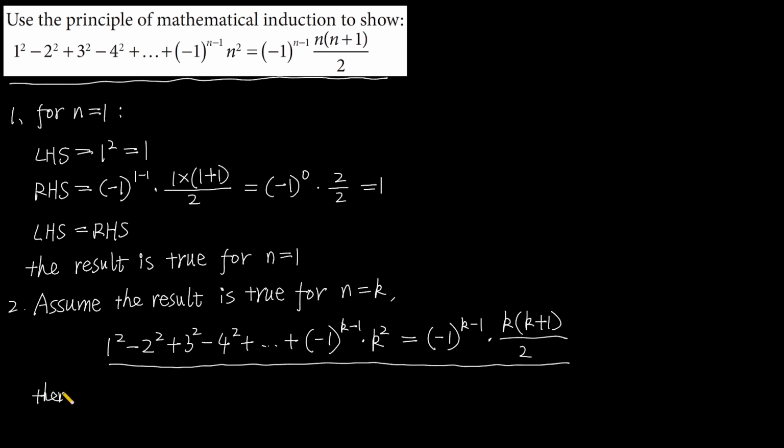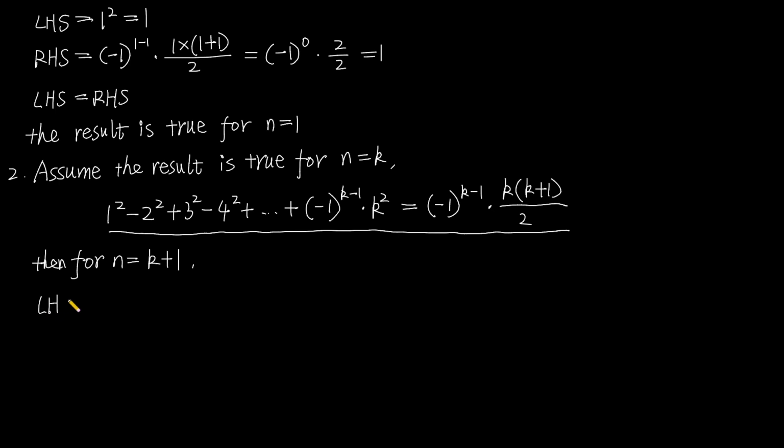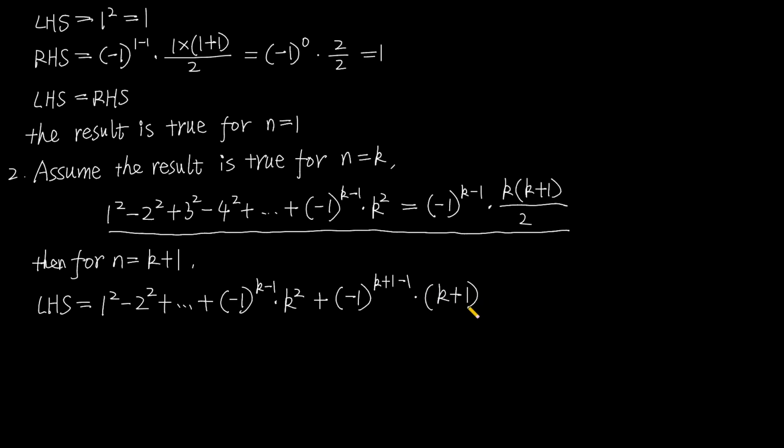Then for n equals k plus 1, left hand side equals 1 squared minus 2 squared plus ... -1 to the power of k minus 1 multiply k squared plus -1 to the power of k plus 1 minus 1 multiply k plus 1 squared.